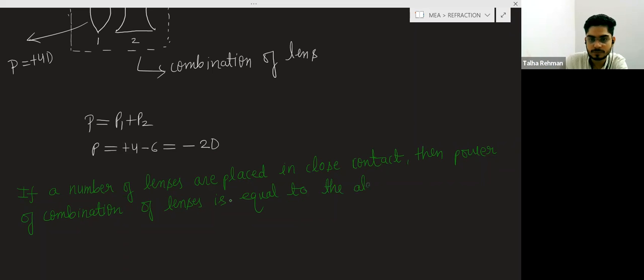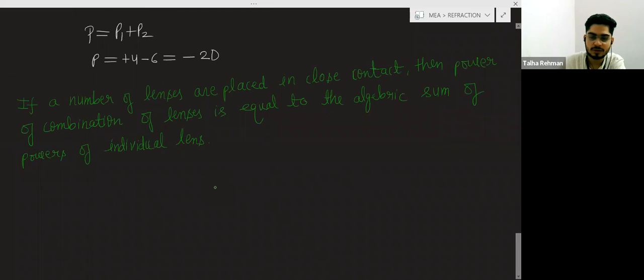Is equal to the algebraic sum of powers of individual lenses.